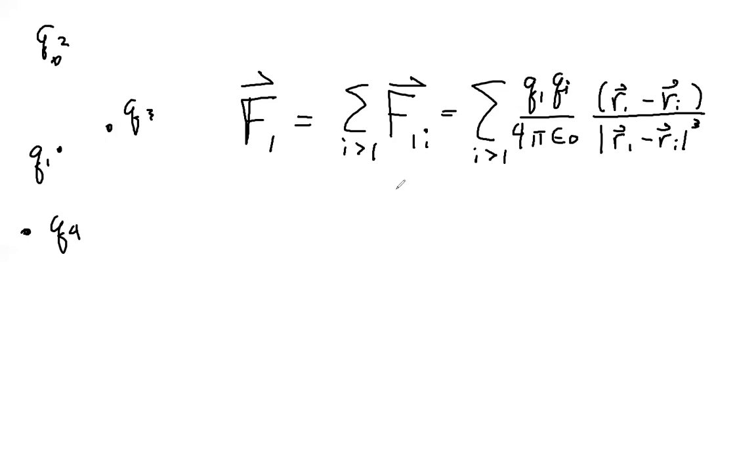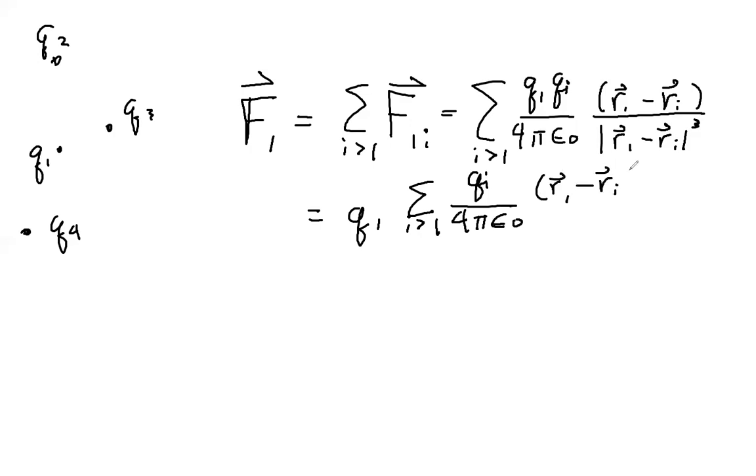You can notice it's just proportional to Q1, so you can always write this, if you so desire, as Q1 times the sum over i greater than 1 of Qi over 4 pi epsilon naught, R1 minus Ri over the magnitude of R1 minus Ri cubed.